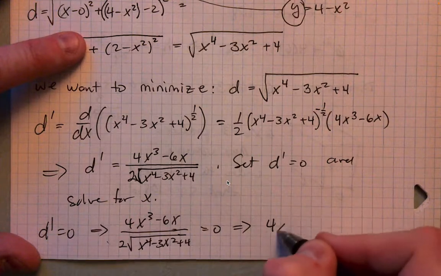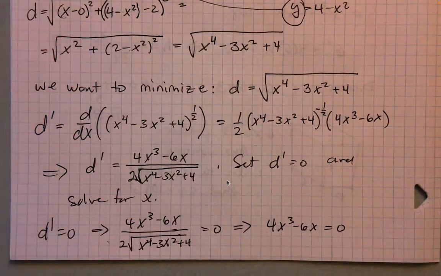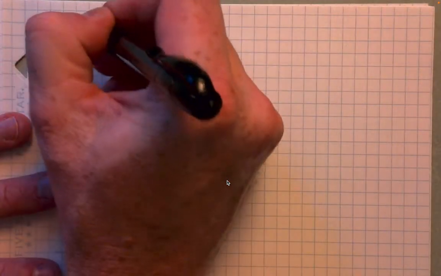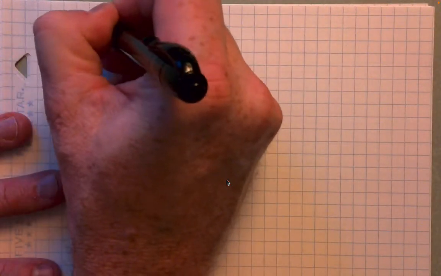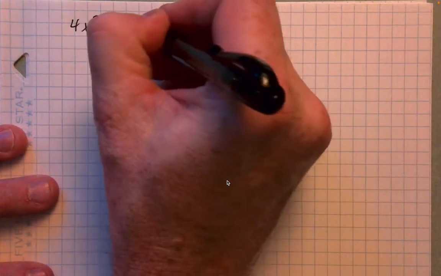So you get 4x cubed minus 6x equals 0. That one's easy to find the roots of. So we have 4x cubed minus 6x equals 0.